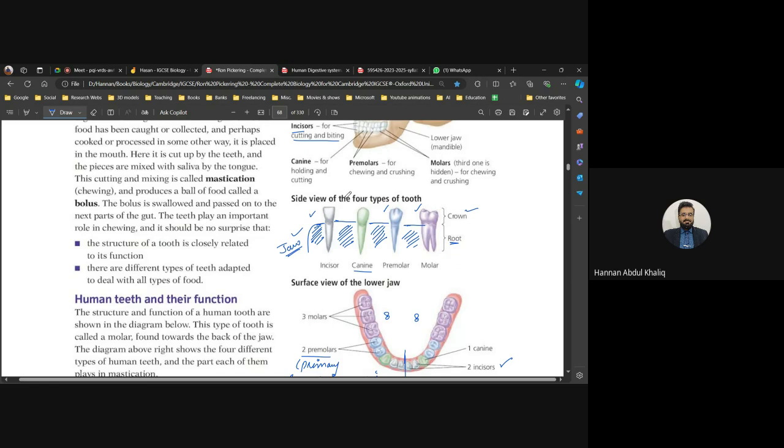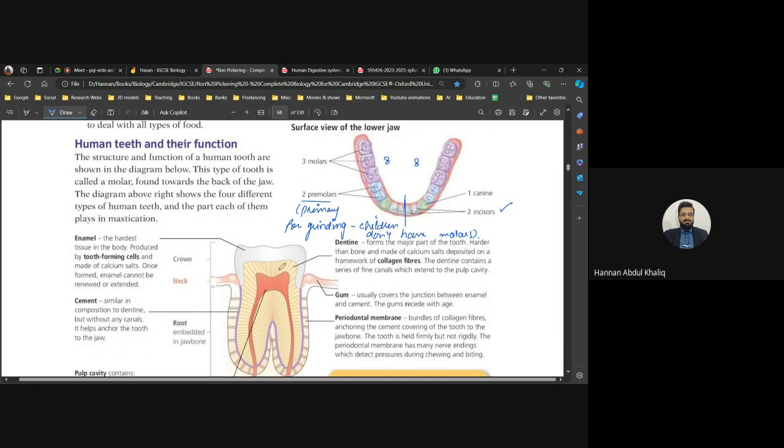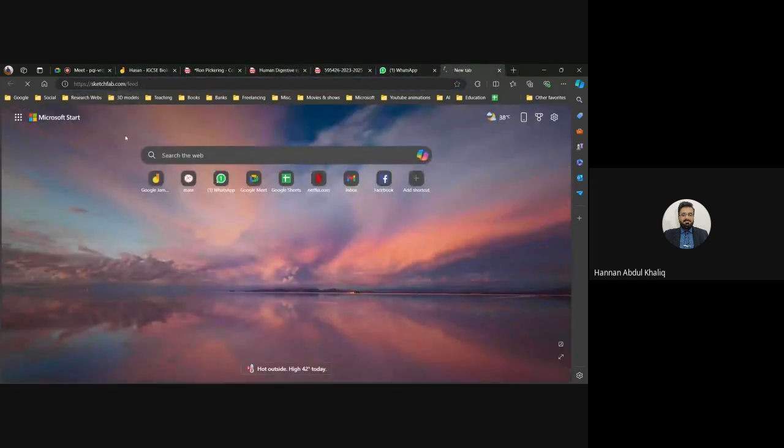Next is the inside structure of the teeth. Hold on, let me show you one more thing.